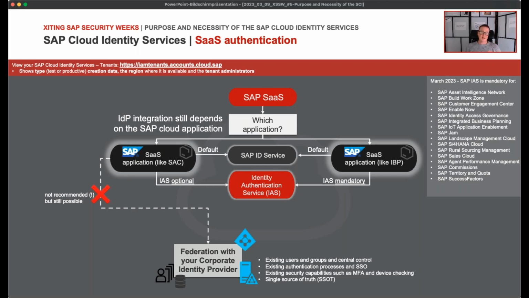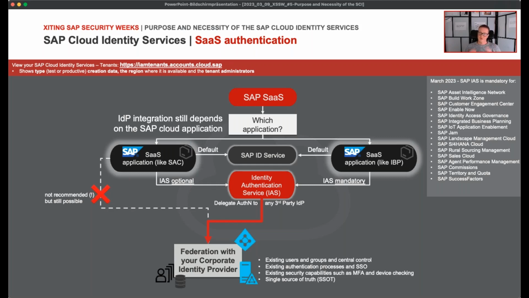So since many SAP cloud applications will be used maybe in the future, you should consider using the SAP Identity Authentication Service, the IAS, anyhow. However, you can easily connect it with your corporate IDP and delegate authentication to it. That's one of the main use cases requiring you to rethink your current authentication strategy.